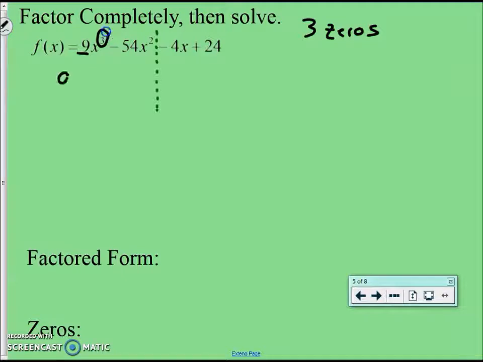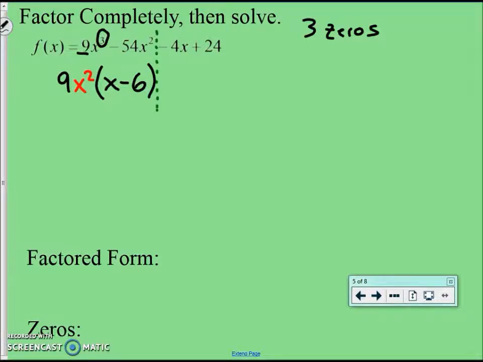That's going to be the number 9. I also notice I have x cubed and x squared. The GCF of x cubed and x squared would be x squared. So I factor out 9x squared. 9x squared times x would give us 9x cubed. And 9x squared times -6 would give me -54x squared.